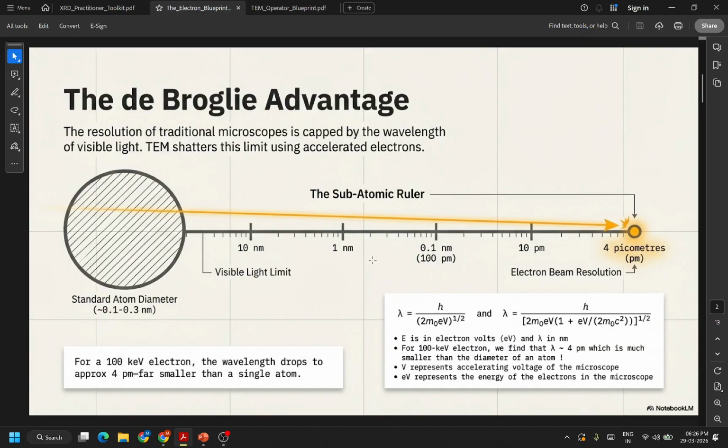So if you have a 100 kilo electron volt electron, the wavelength drops to approximately 4 picometer, which is even smaller than a single atom.